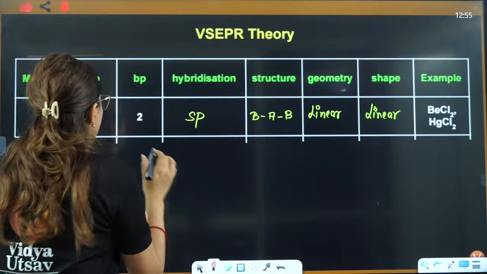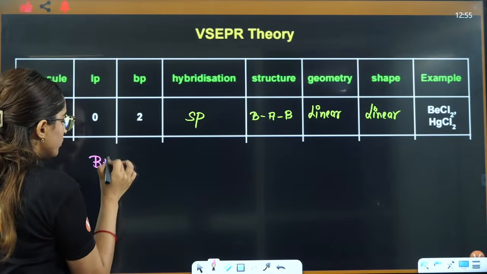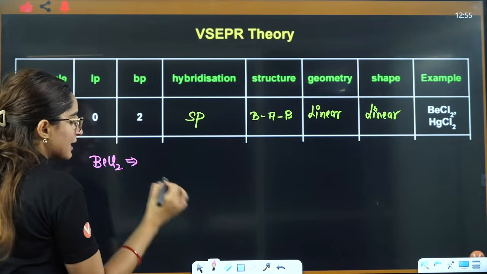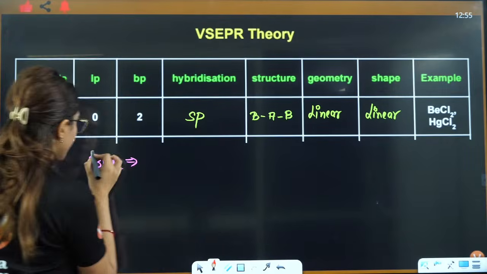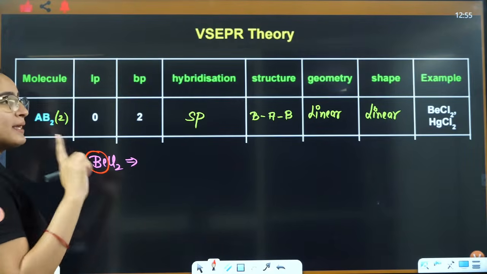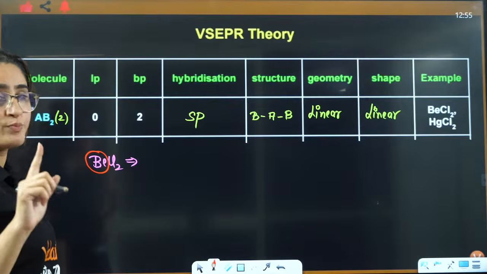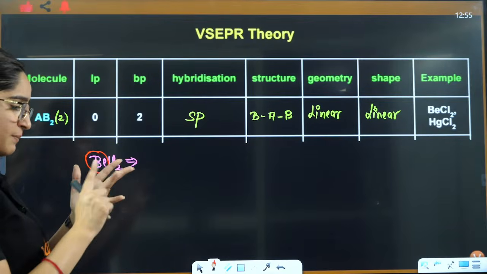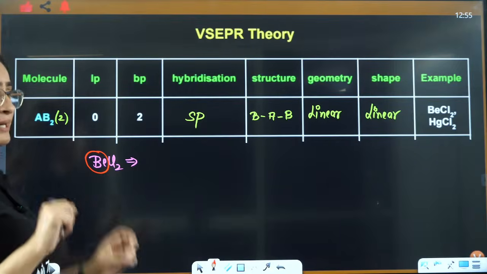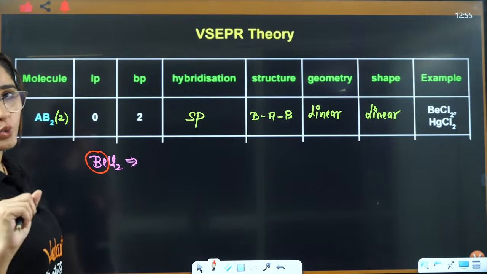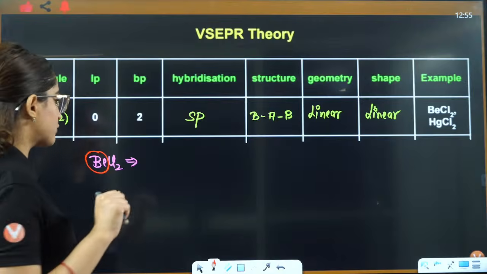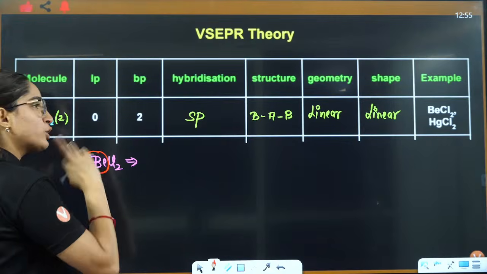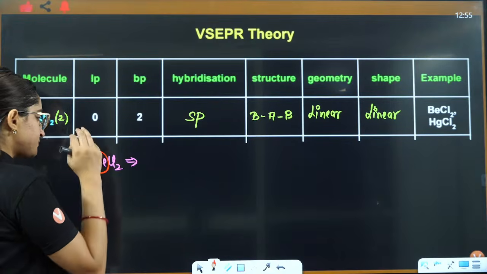See, you have BeCl2. Firstly, you will see the central metal atom, that is beryllium, right? Beryllium belongs to group number 2. Hydrogen, helium, lithium, beryllium. Beryllium is 1s2 2s2, that means 2 outermost electrons, 2 valence electrons. Group number 2 means 2 valence electrons.